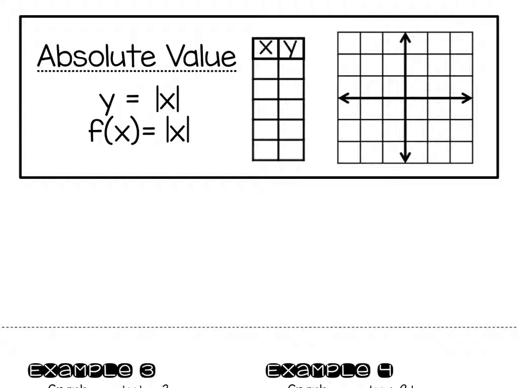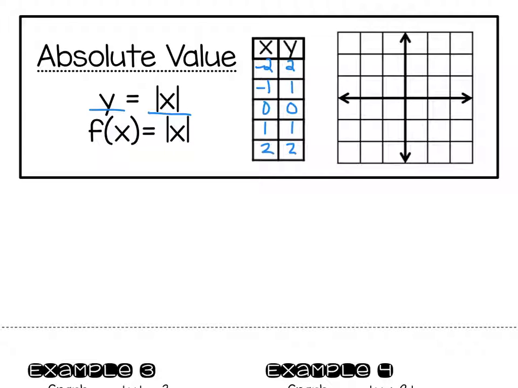Okay, so for the absolute value function, again we're just going to select some values. So I'm going to select -2, -1, 0, 1, and 2. And when we substitute those values into our x, we'll come out with our y values. The absolute value of -2 is 2, the absolute value of -1 is 1, the absolute value of 0 is 0, the absolute value of 1 is 1, the absolute value of 2 is 2.